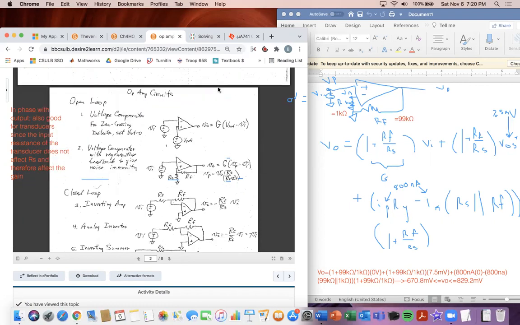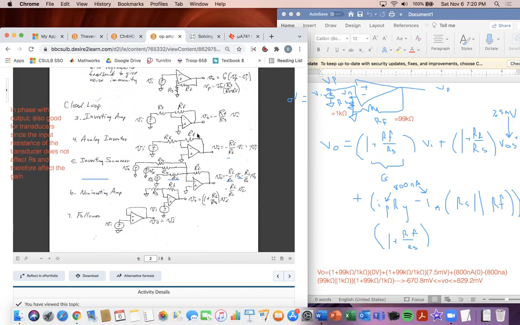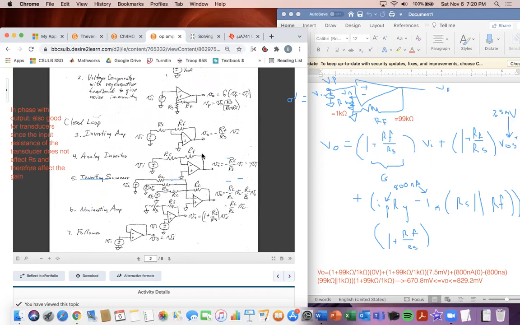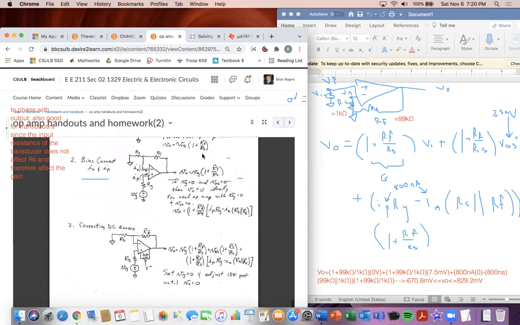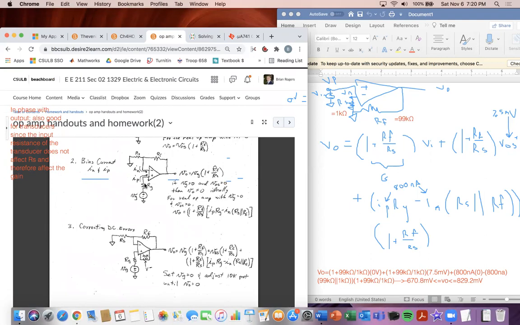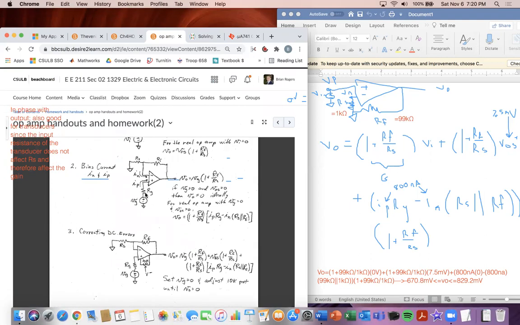And if we look at the non-inverting amp, I think he drew it actually with this one. See, the source resistor for input bias current is there. So when you have a source resistor, that means you have a bias current going through it. Gotcha. Okay. Thank you.